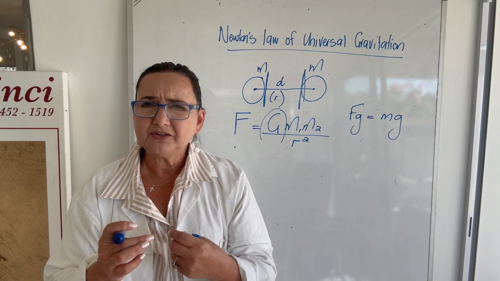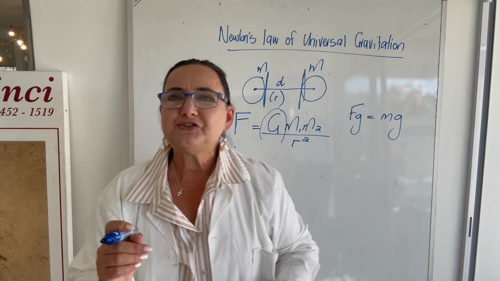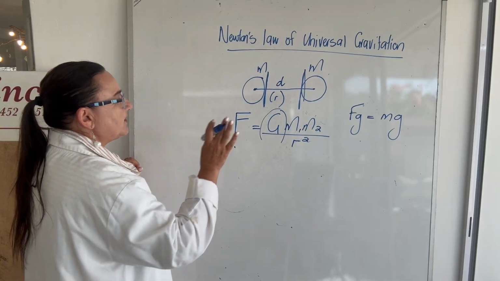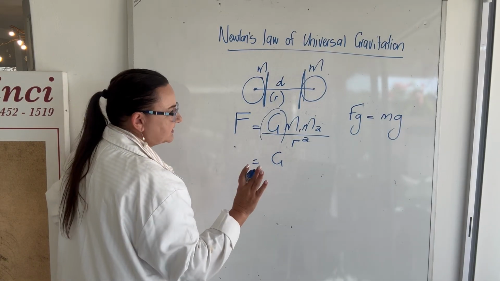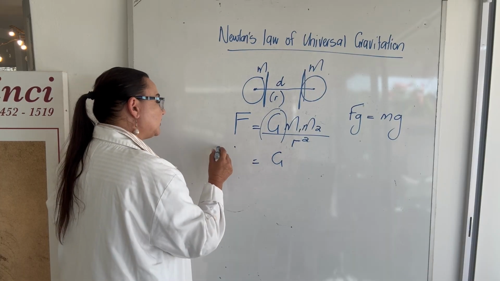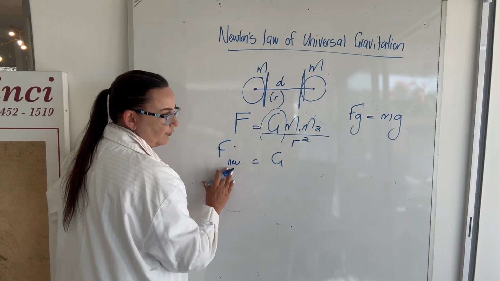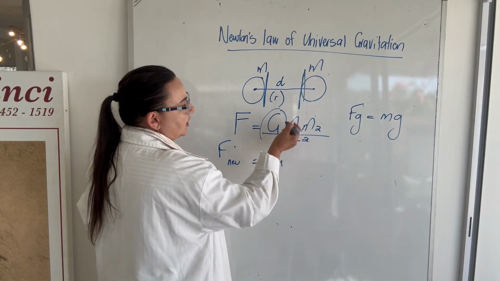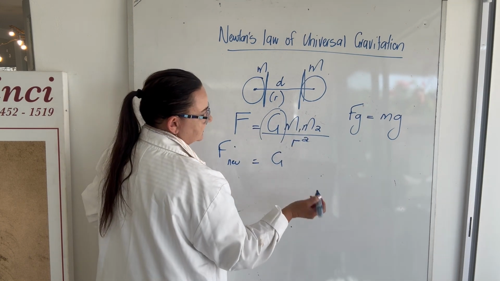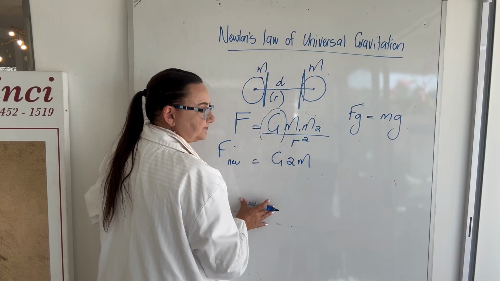Okay, so how are you going to get it? What is F now going to be? You would do it like this. Let's say G will always stay the same, it's a constant. Now they're going to say, what will be the new value of F? Let's say the mass of the one object doubles, so it's 2 times that mass. Put it in.